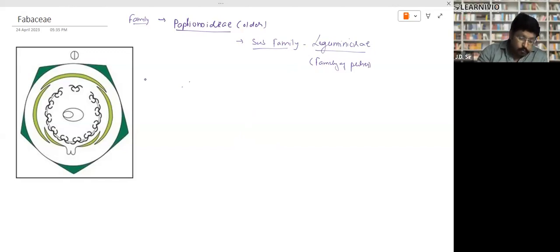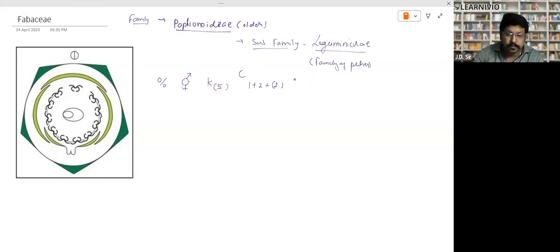Next, what is the floral formula? The floral formula is: zygomorphic, bisexual. I'll tell you what it means. Zygomorphic, bisexual, calyx 5 gamo, corolla 1 plus 2 plus 2 gamo, right?